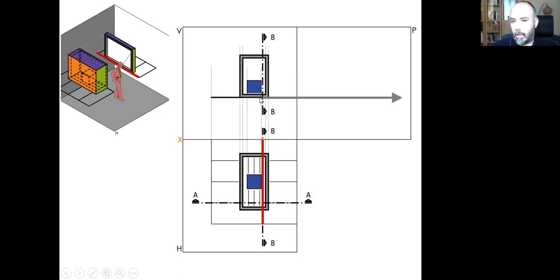So I need to transfer this level up to the left side over the profile projection plane, and I need to transfer this width here by using my compass again, so that I won't be needing any measurements here.